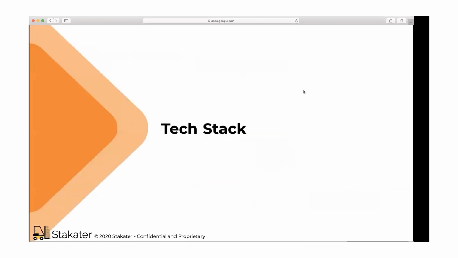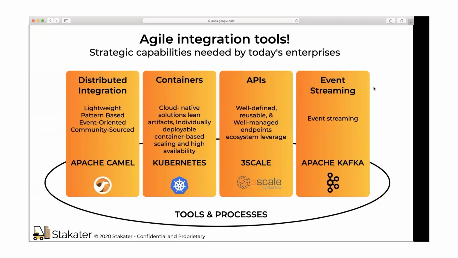Okay, so moving on, how can you really think about implementing this Agile Integration? What tools and technologies can one use? What we suggest as Techader is what we call the Agile Integration Toolset, and this toolset is built on open source tools that are available for anyone to utilize.